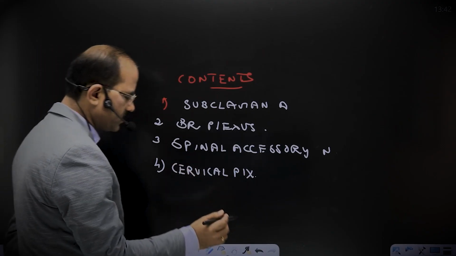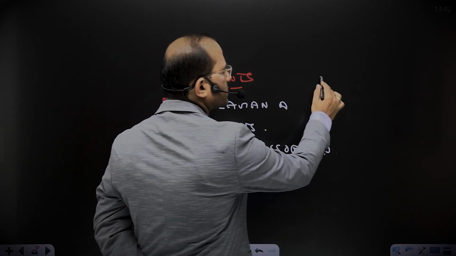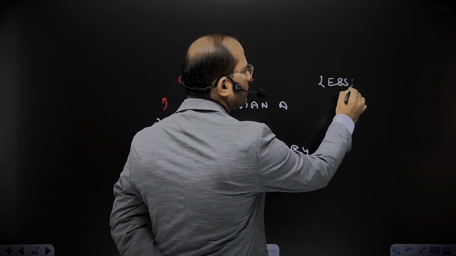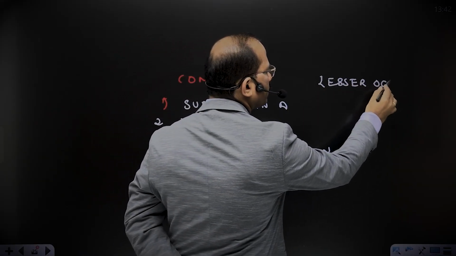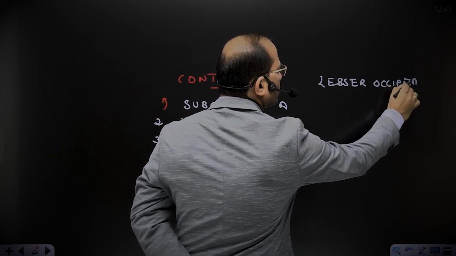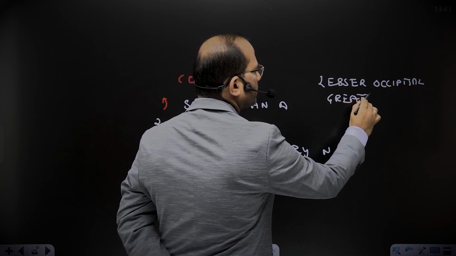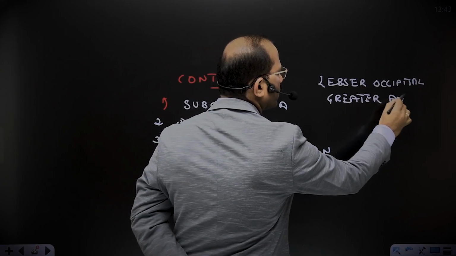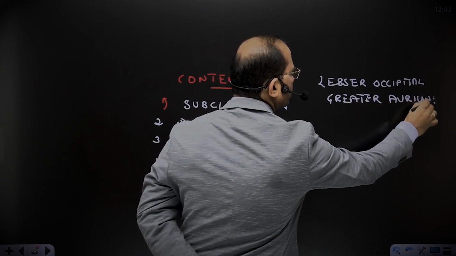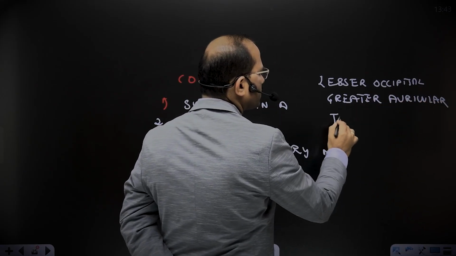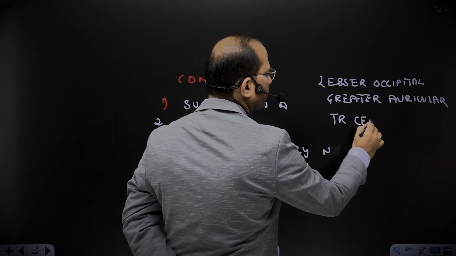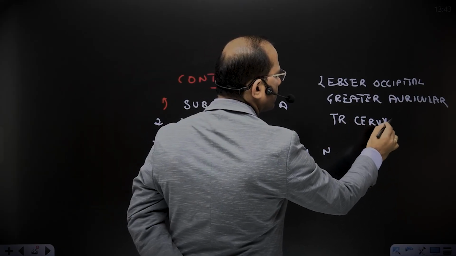Branches of cervical plexus. One is the lesser occipital. Second is the greater auricular. Third is transverse cervical cutaneous.